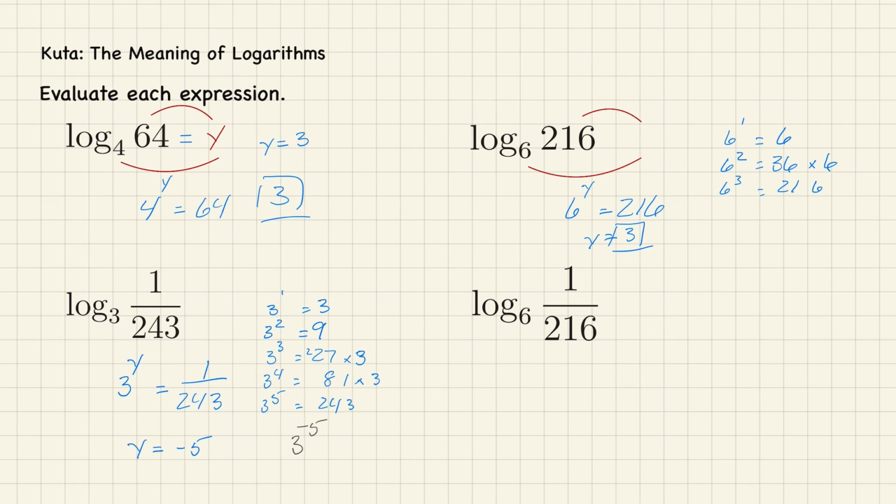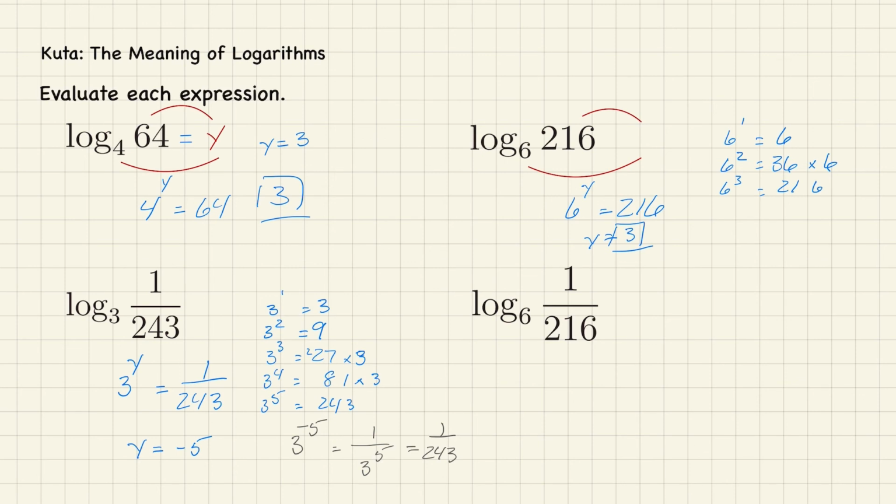We have to take it downstairs, right? We have to take it to the denominator. So this is the same as 1 over 3 to the fifth power, which then becomes equal to 1 over 243. So see, that's why I had to make this negative, because this forces it into the denominator. So same thing, we're going to apply that same thought process over to the next one.